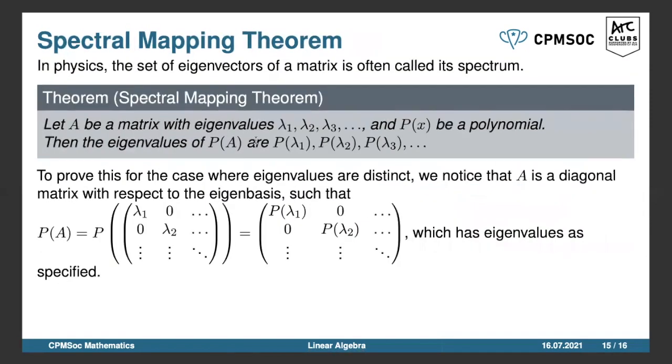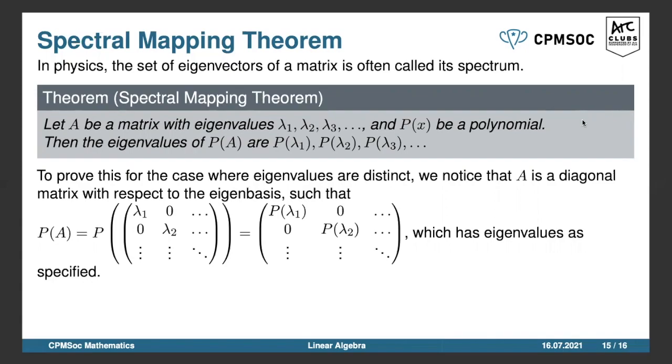So now we'll go over two different theorems relating to linear algebra. The first one is the spectral mapping theorem, and the second one is the Cayley-Hamilton theorem, which is very nice. But first of all, in physics, it's common to call the set of eigenvalues a spectrum, in a similar sense to how you talk about an electromagnetic spectrum or a light spectrum.